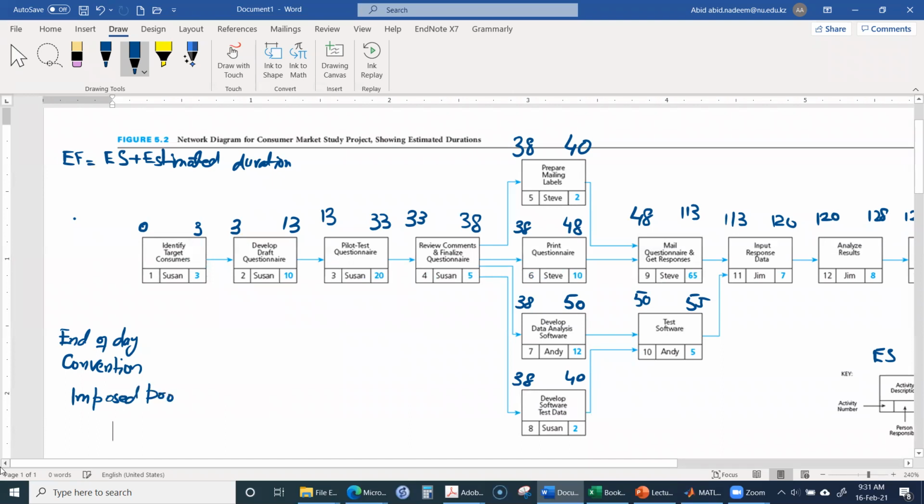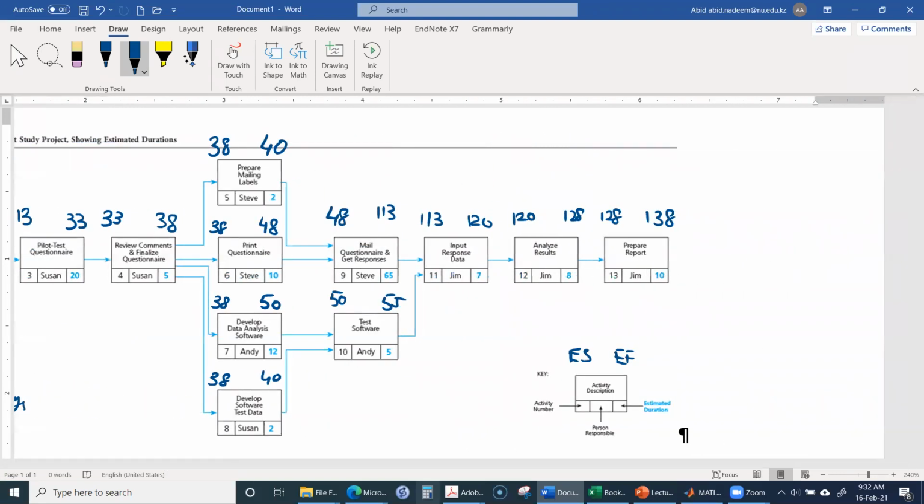If the project duration is imposed at 130 days, then for this case we need to also find the latest start and finish dates for each activity.